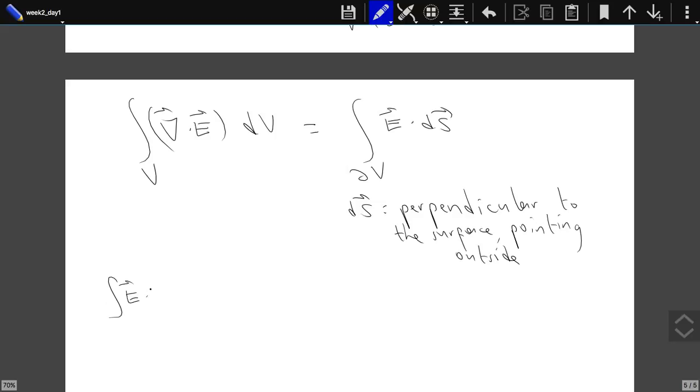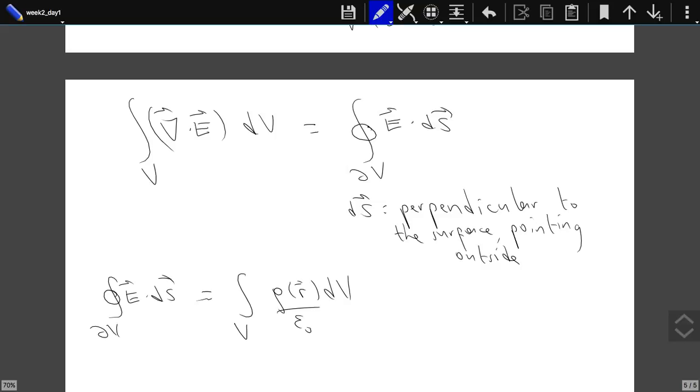So the electric field integrated over this closed surface is equal to the integral of the divergence of the electric field, but the divergence of the electric field, we had just said, is the density over epsilon 0. Now, the boundary of any volume is a surface, but that surface is a closed surface.